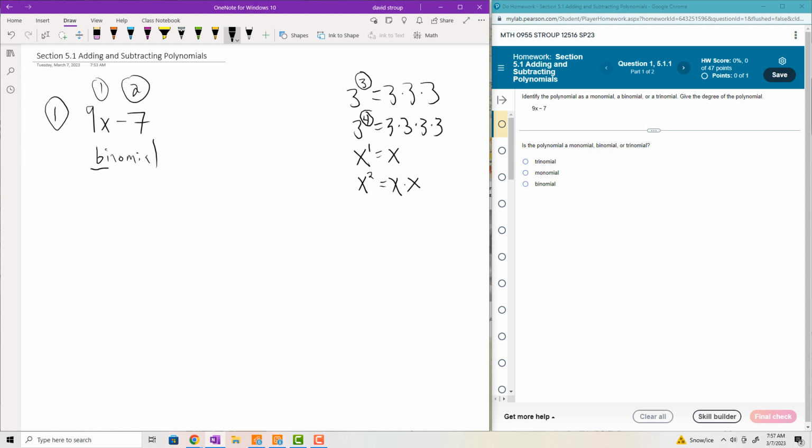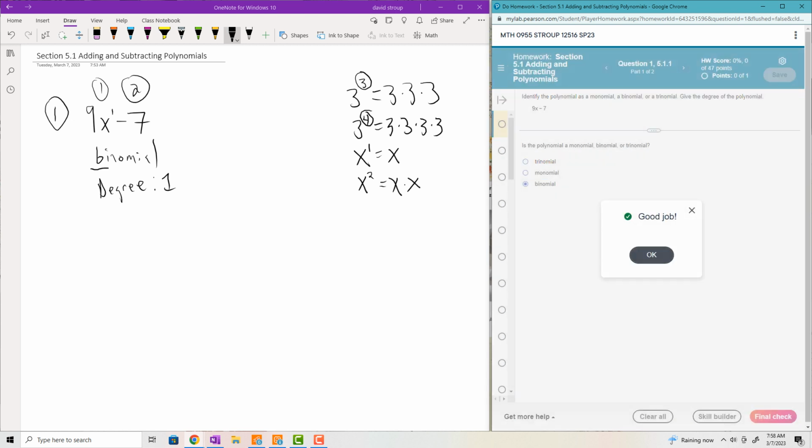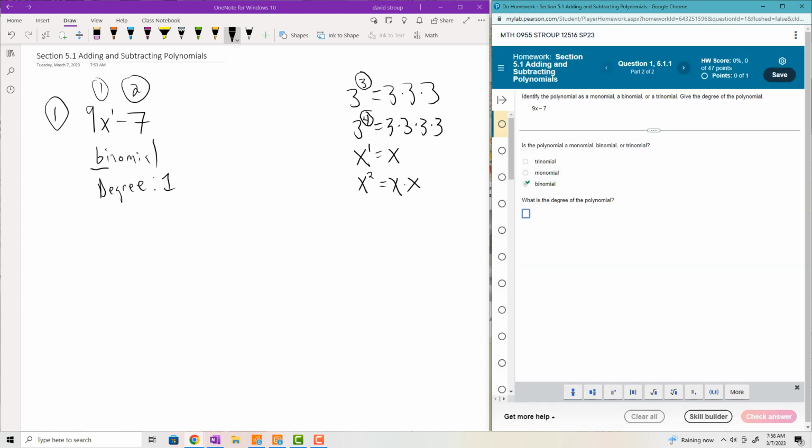If you have x cubed, it means multiply x by itself 3 times. But the point here is, for the degree, you look at the exponent of the variable, and in this case it's just 1, so the degree is 1. So it's a binomial, and the degree is 1.